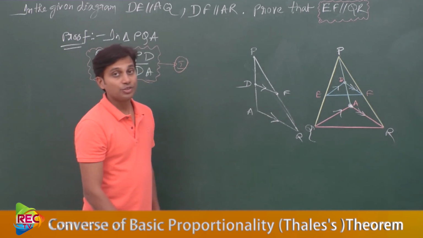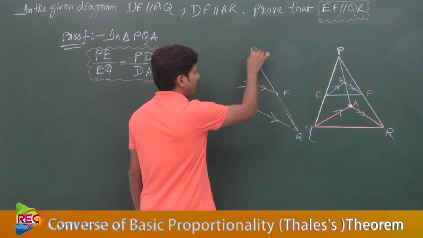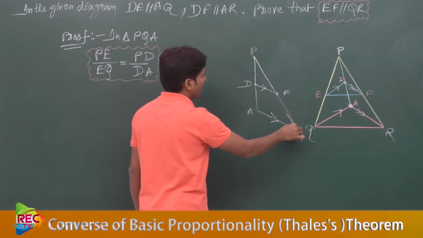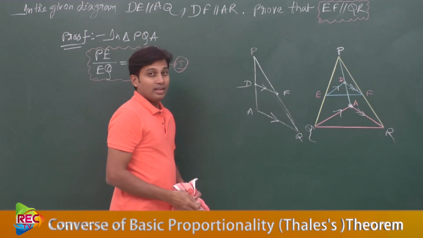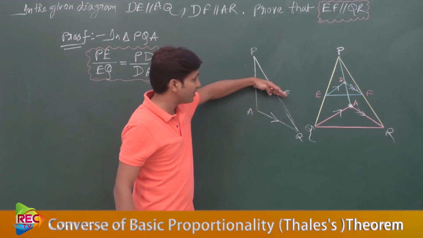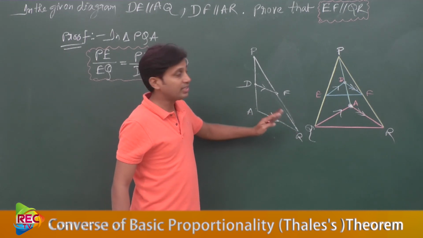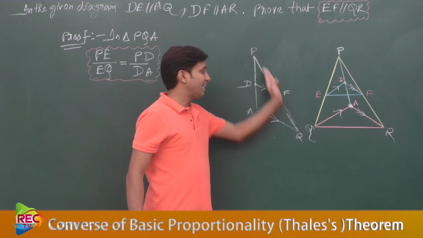Now what can you say? D is a point on PA and F is a point on PR, and DF is parallel to AR. That means DF is a line drawn parallel to AR, one of the sides of the triangle, and it intersects the other two sides, PA and PR.